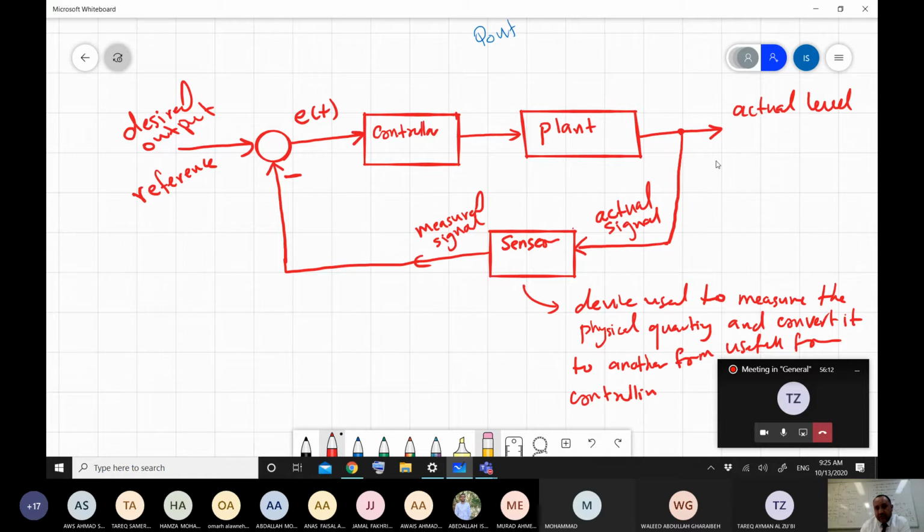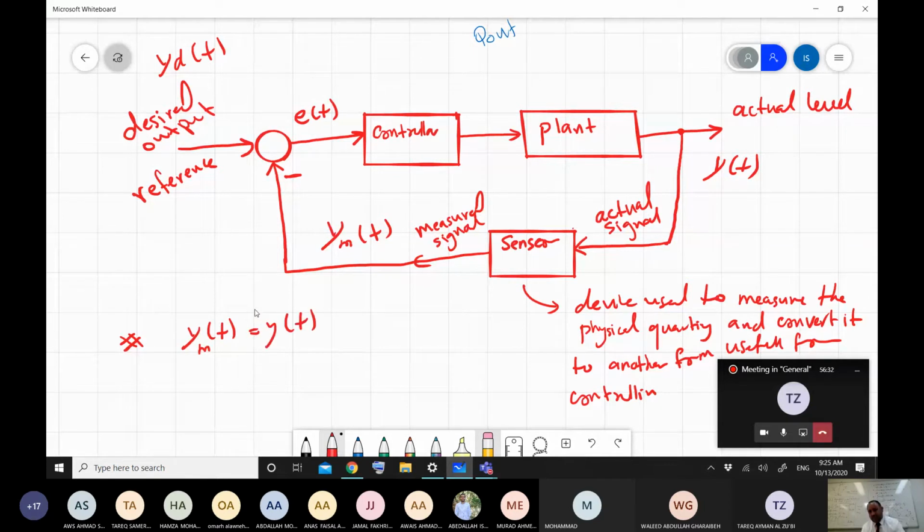So if this one is y of t, and this one is y measured of t, and this one is y desired of t, let's assume for simplicity that y measured of t is equal to y of t, because in the end of the day, this is an indication of the actual level.